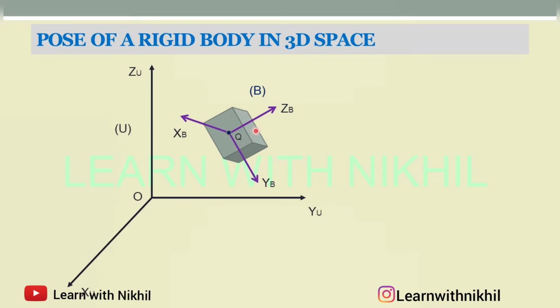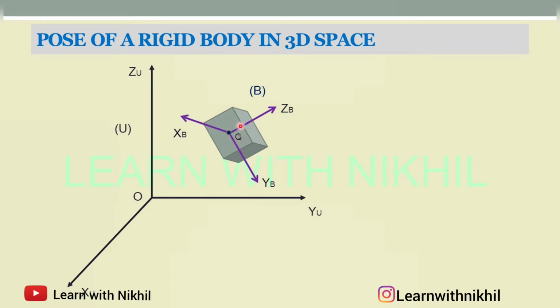So we have seen this earlier in our previous lectures, where the 3D object has position and orientation. Now if I have to find the position of this 3D object, we have to move along the X direction first, then along the Y direction, then along the Z direction.